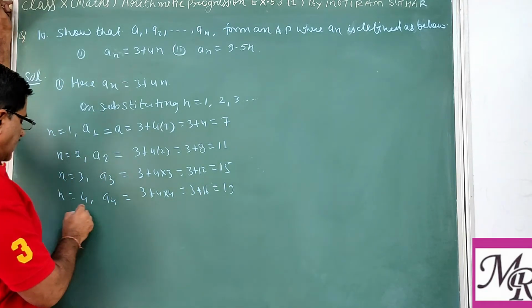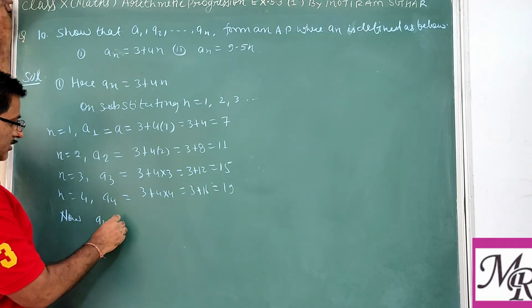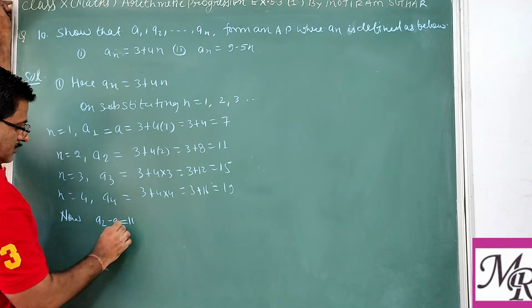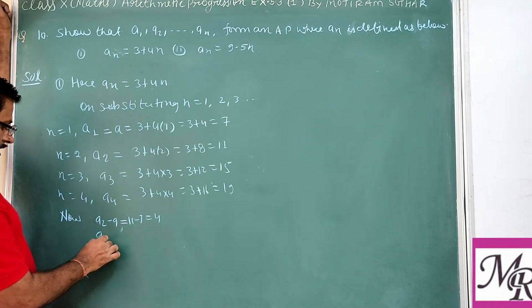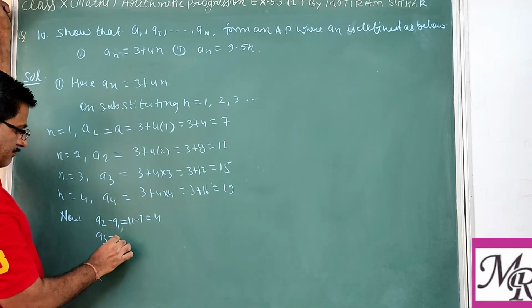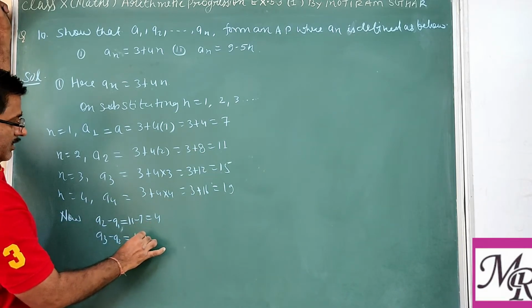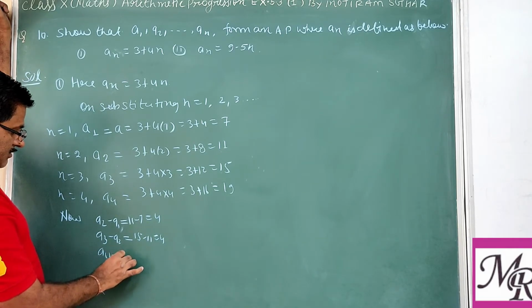So now we check a2 minus a1, second term minus first term: 11 minus 7, 4. Or third term minus second term, that is 15 minus 11. Or fourth term minus third term.